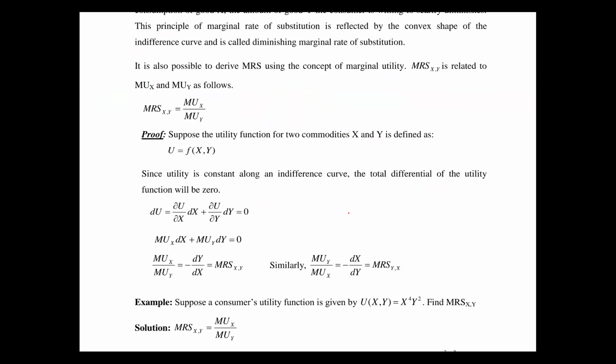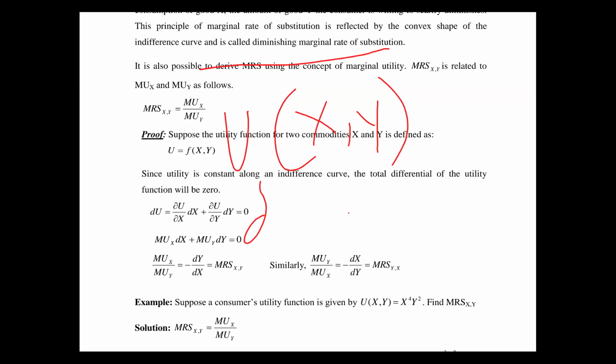So the equations for good x and good y, right? Let's say you have the utility function of x comma y that has these variables. You have to differentiate this so that you can find the marginal utilities, all right?